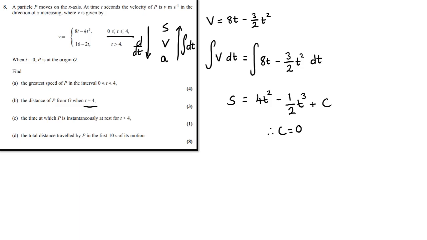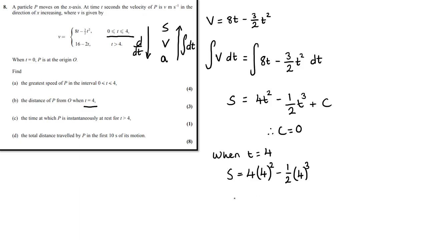Now we're looking at the distance of P from O when t equals 4. So all I need to do now is substitute t equals 4 into my expression for s. So s is equal to 4 lots of 4 squared minus a half of 4 cubed, and then our plus c was just 0.